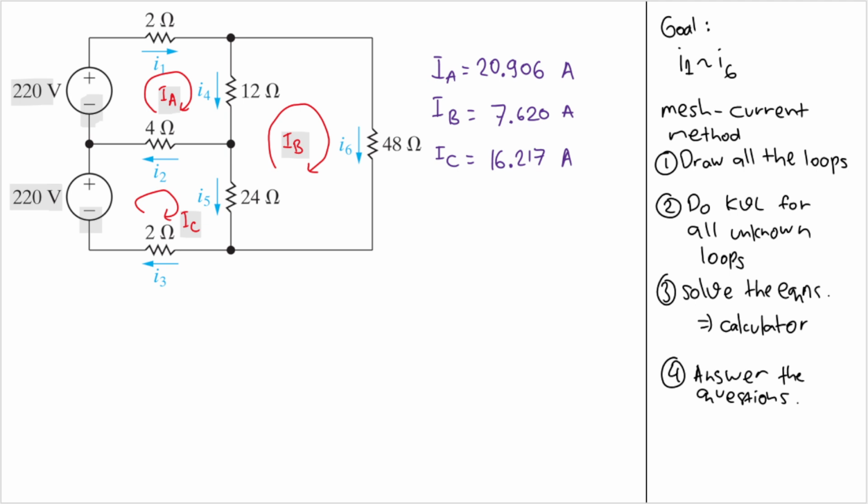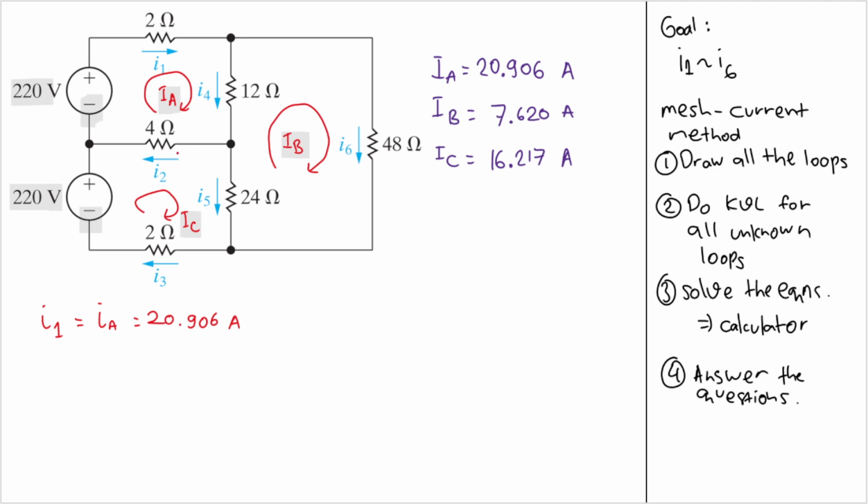We have to find I1. But I1 is the same as IA, right? So we can just plug in the value of IA: 20.906, and the unit here is ampere.